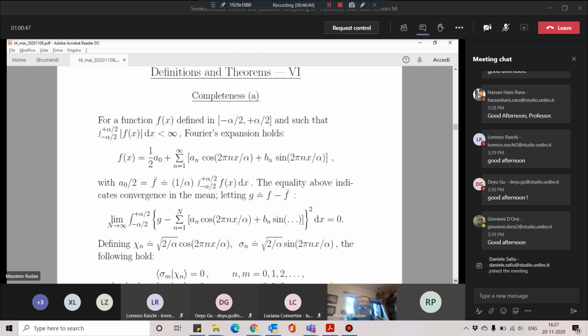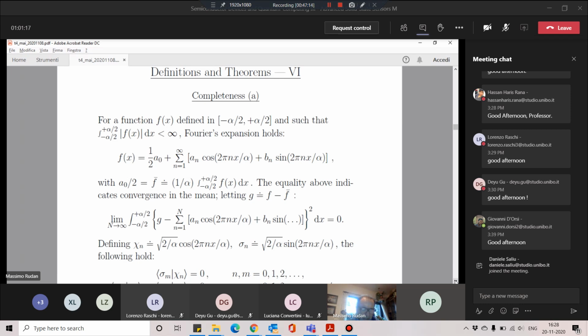Then we take the square of the difference. So we obtain something that is non-negative. Then we integrate over the domain of the function. Again, we obtain something that is non-negative. And then, after integrating, we let capital N go to infinity.